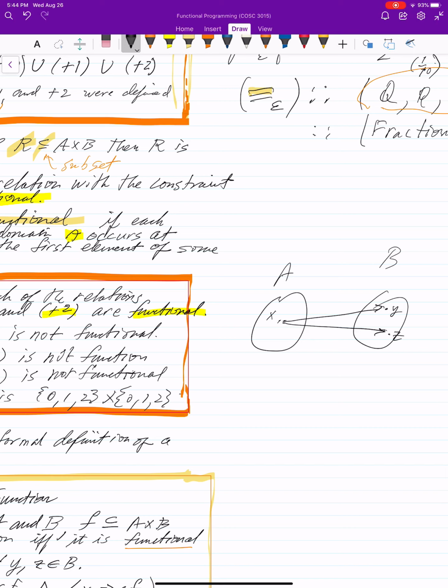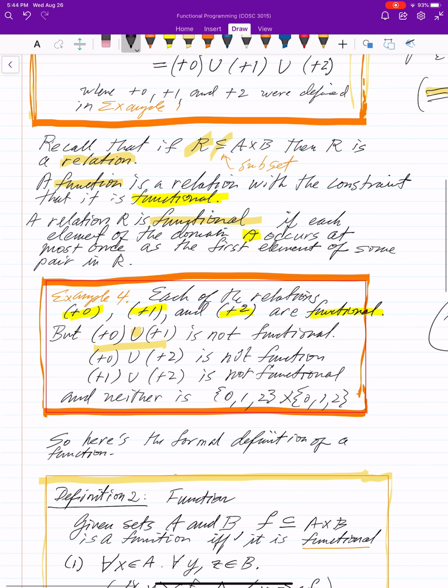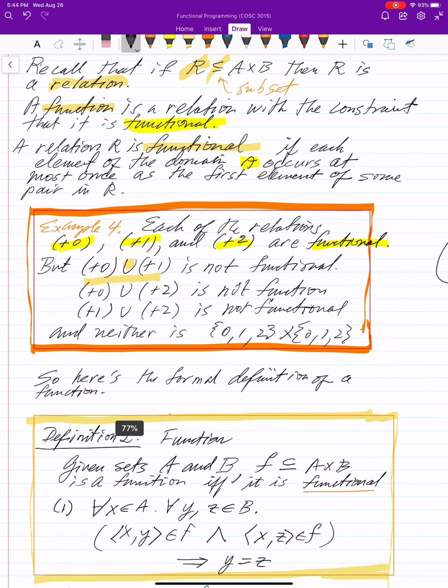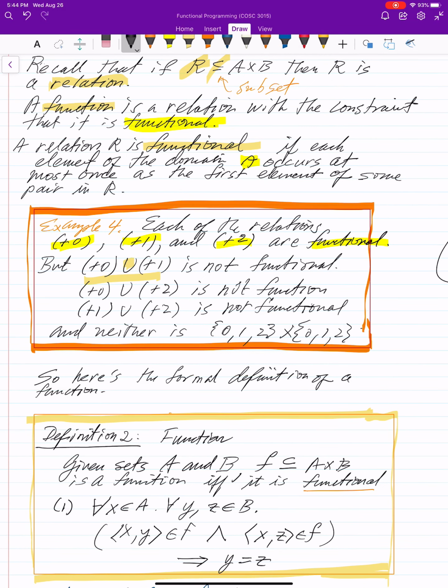So you're going to have 2 elements in that relation, but it is not functional. It doesn't determine uniquely. You don't have just one parent. So the relation parent of is not a function, but the relation mother of is a function.